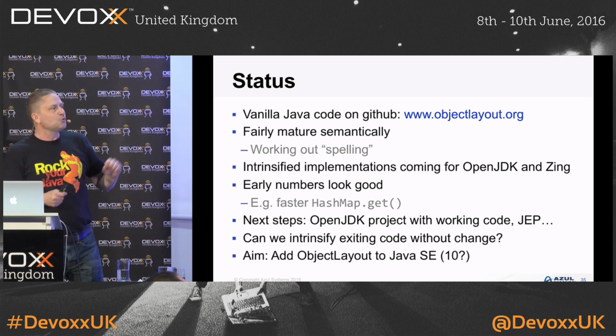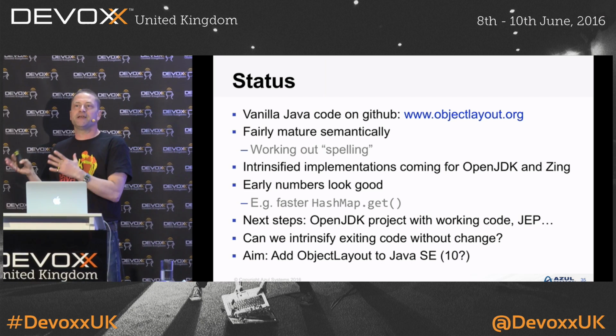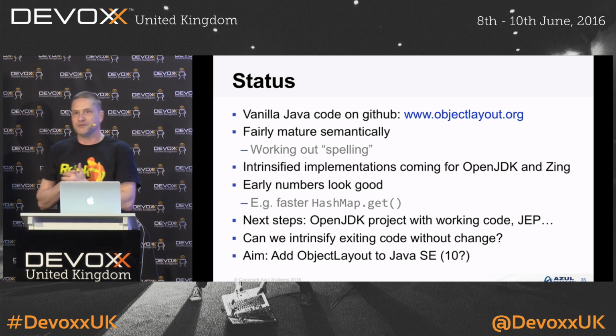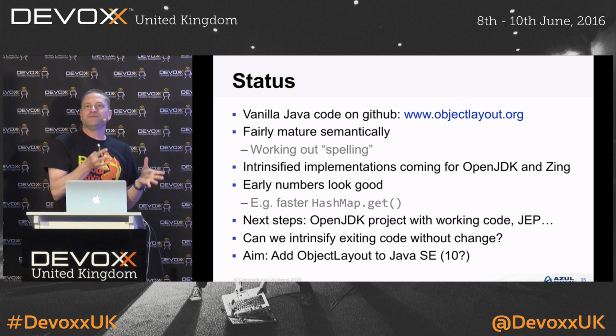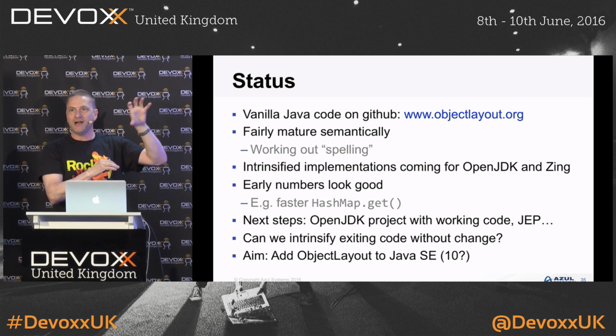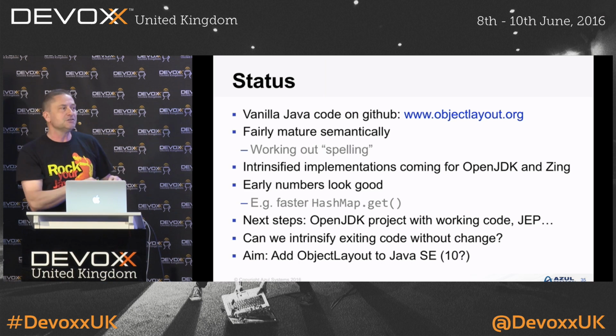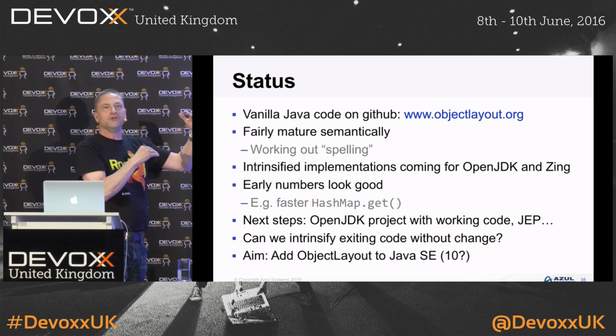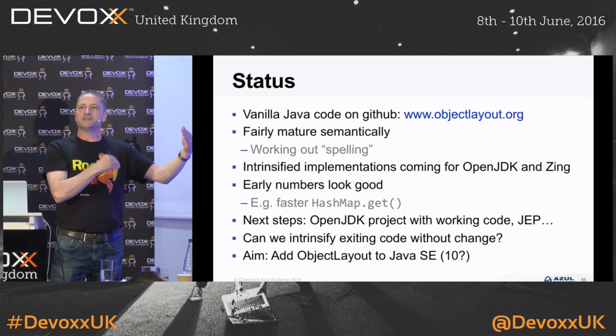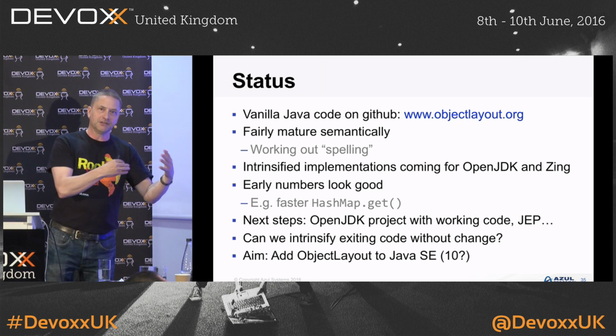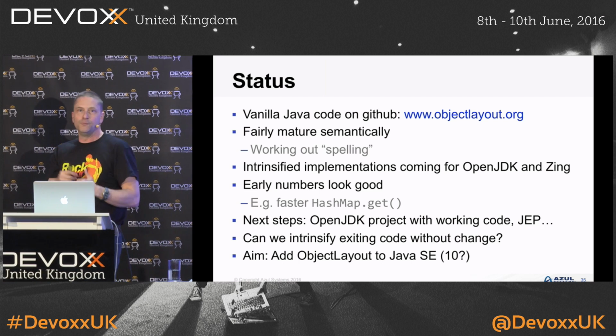So the other thing that's quite interesting is, can we intrinsify code? And I was talking to Nitsan about this this morning. Can we intrinsify code without changing anything? So can we get the JVM to start noticing that you have objects which could be treated as a single element of data, or get the compiler to look at it and figure that out, and do it transparently from your code?